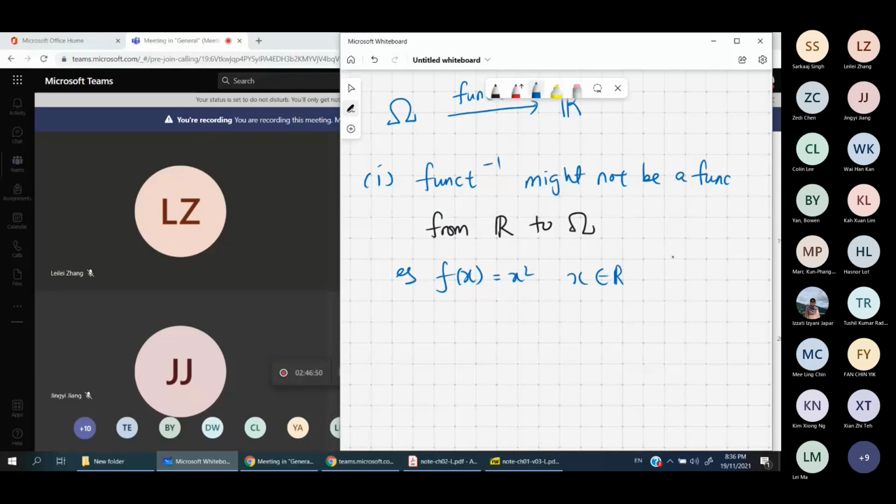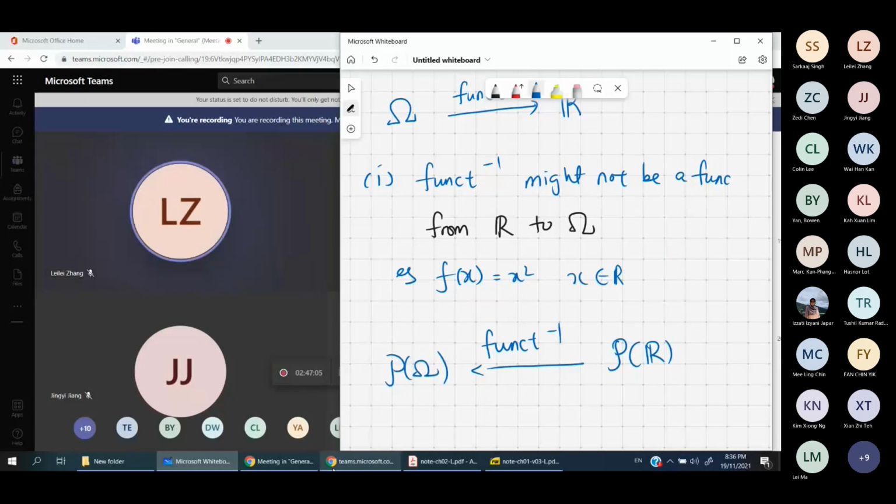If you have a function from here to here, then the inverse always brings every subset here back to a subset here. So there's no issue.